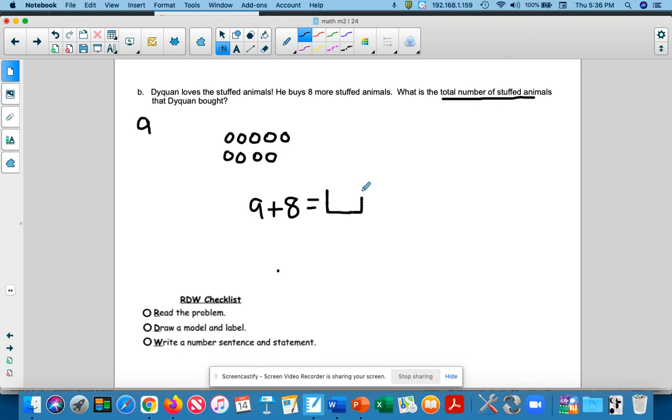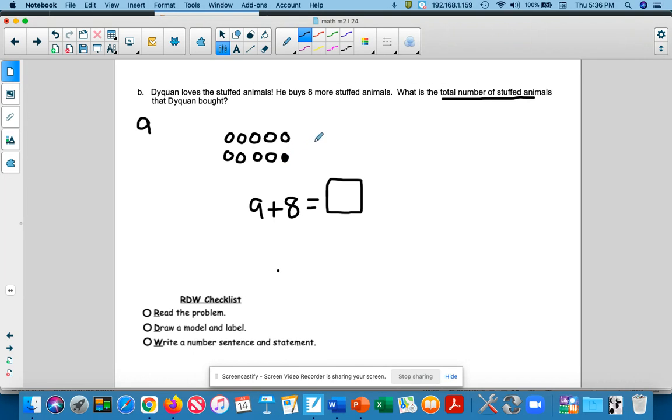I'm looking at my drawing, and I almost have 10. I think a good strategy for this would be to make a 10. So I'm going to make a 10 here using my 8. So now I'm going to put 8. I'm going to put my 8 in.